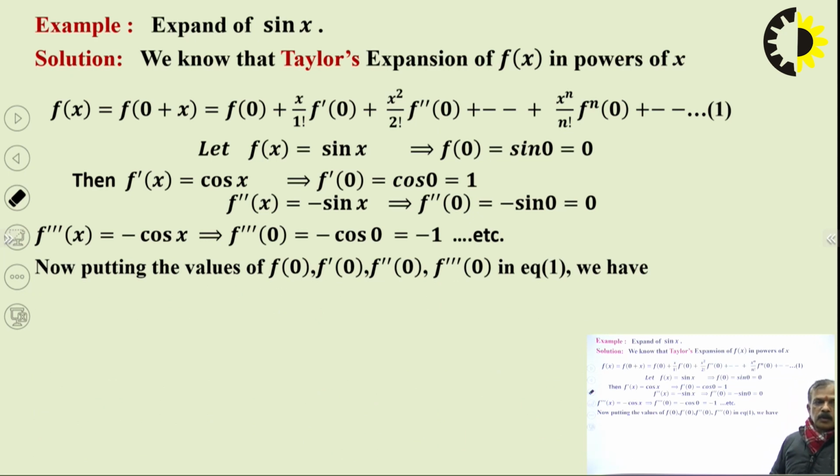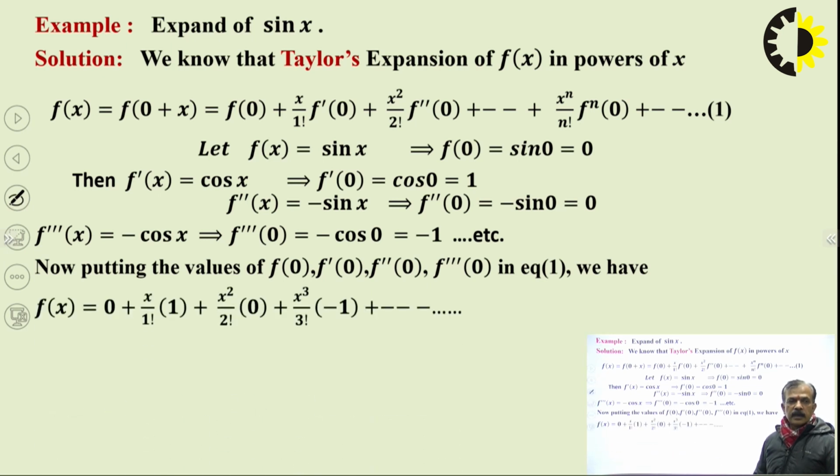Now, putting these values of f(0), f'(0), f''(0), f'''(0) and so on in equation 1, we have f(x) equal to 0 plus x upon 1 factorial into 1 plus x squared divided by 2 factorial into 0, plus x cubed divided by 3 factorial into minus 1 plus and so on.